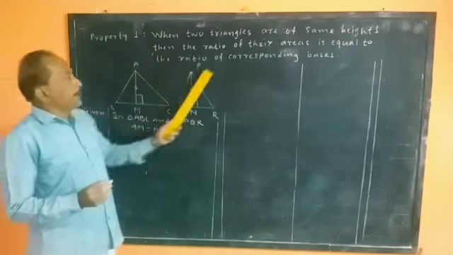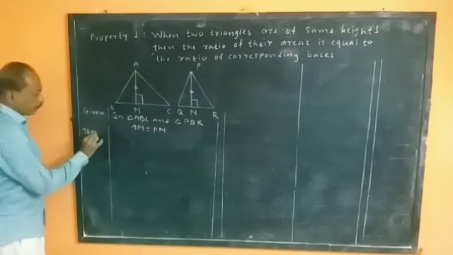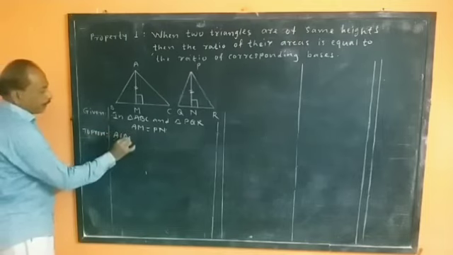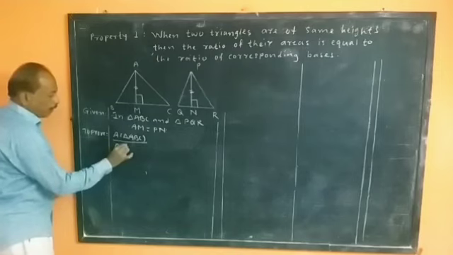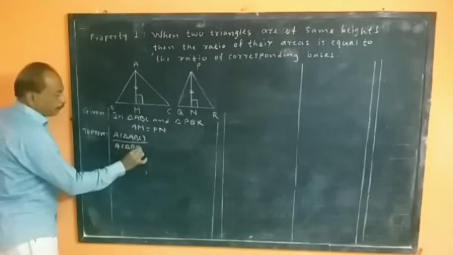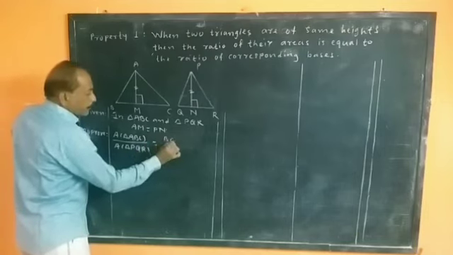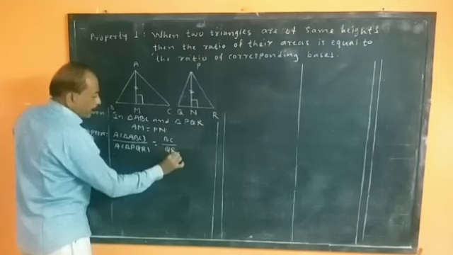After the given is the to prove: area of triangle ABC upon area of triangle PQR equal to the corresponding bases ratio, BC upon QR.